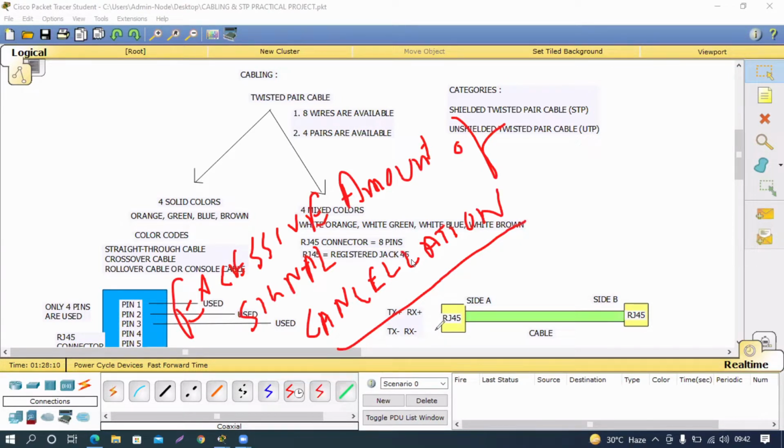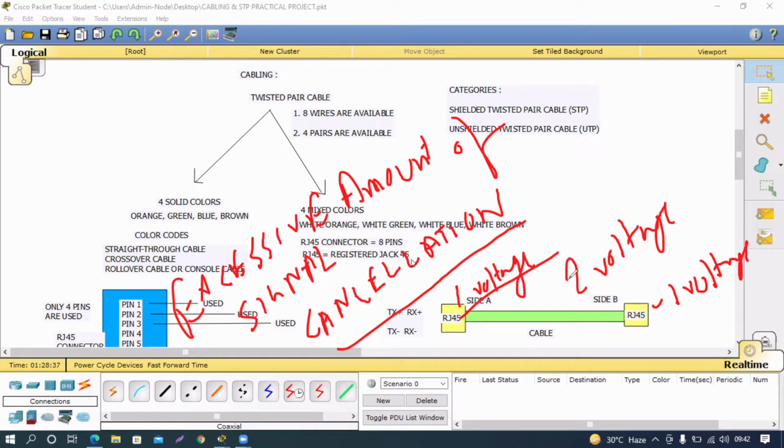Okay, so let's say that they are transmitting one voltage by this TX plus. Sometimes they can also transmit two voltages. But this side has the capacity to receive only one voltage. So obviously this additional, this extra one, it is getting minus, right? Yes or no?